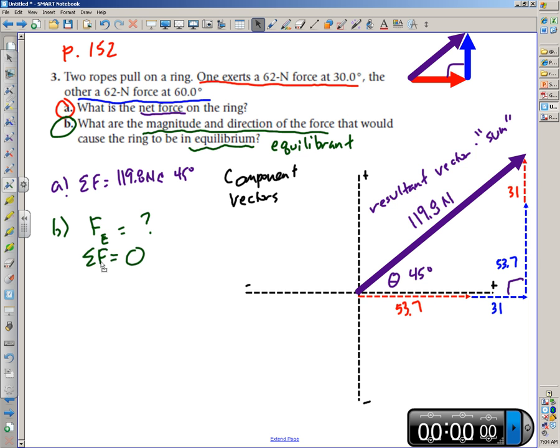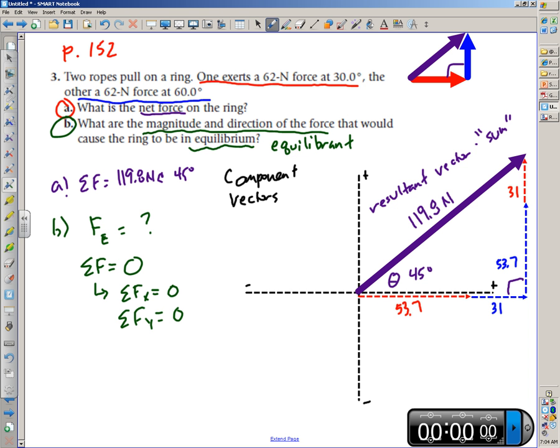Net force equals 0. In 2 dimensions, that means that we need to have equilibrium on both the x-axis and equilibrium on the y-axis. If we have a net force of 0 on the x-axis, and we have equilibrium on the y-axis, we will have equilibrium in both axes total.